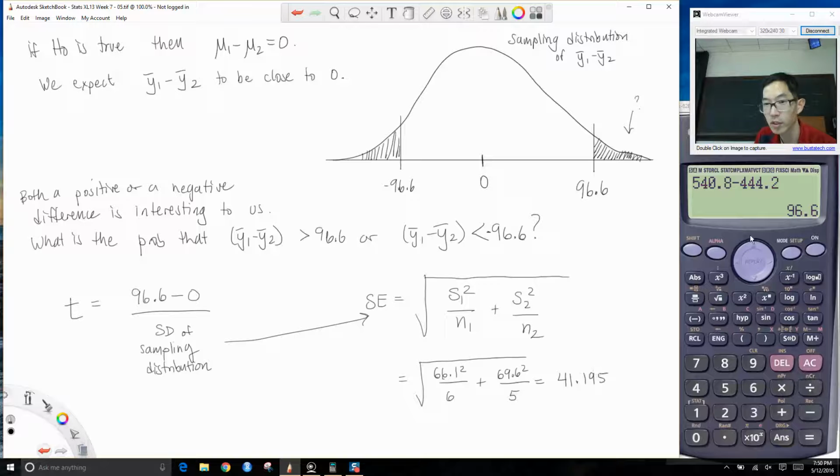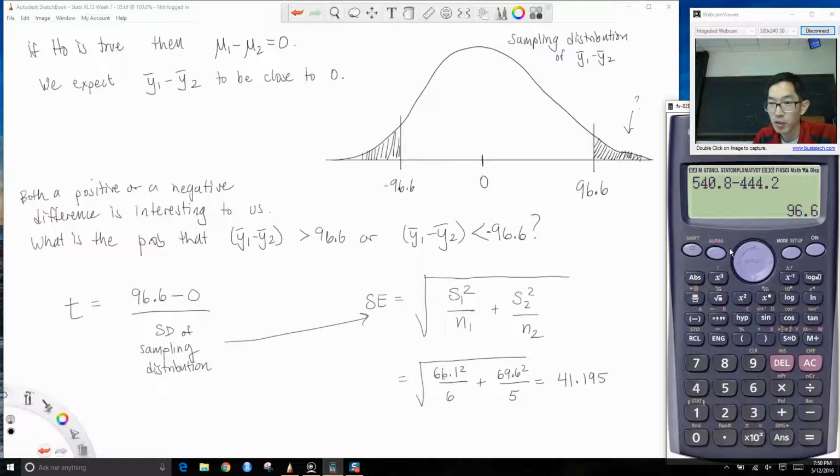Is that right? Here, I'll just punch this in. 66.1 squared over 6 plus 69.6 squared over 5, and we'll take the square root of that. Yeah, 41.195.